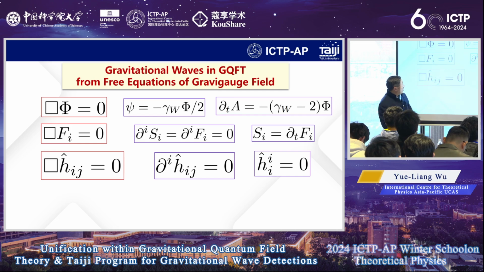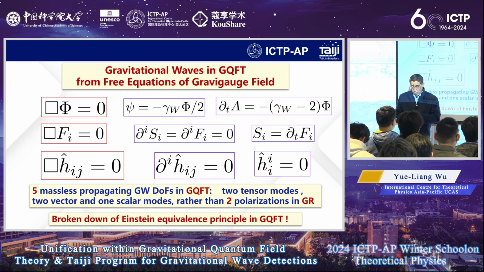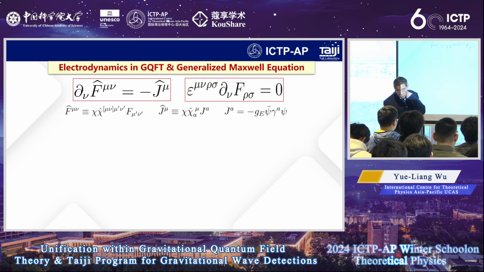But when you have these additional terms, you will find there are 5 independent polarizations. Why are there 5 polarizations? There are 2 polarizations, the same as in the Einstein equation, for the spin 2 component. Then you have spin 1, with 2 additional polarizations, and spin 0, with an additional polarization.